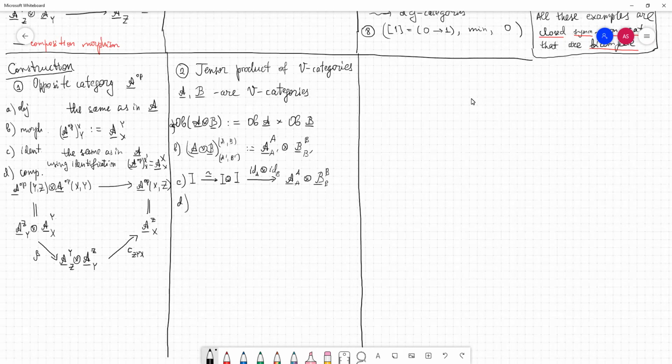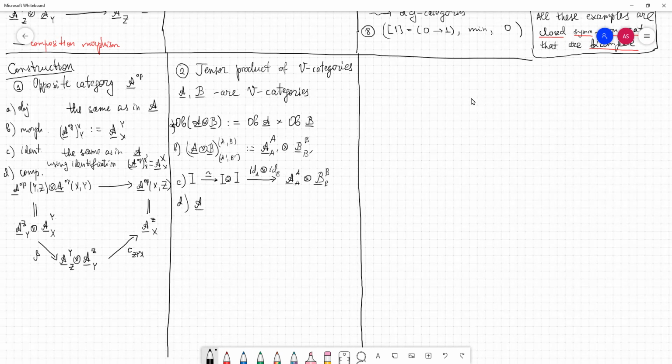Now D, composition. For composition we need to use braiding again and associativity, the associator.